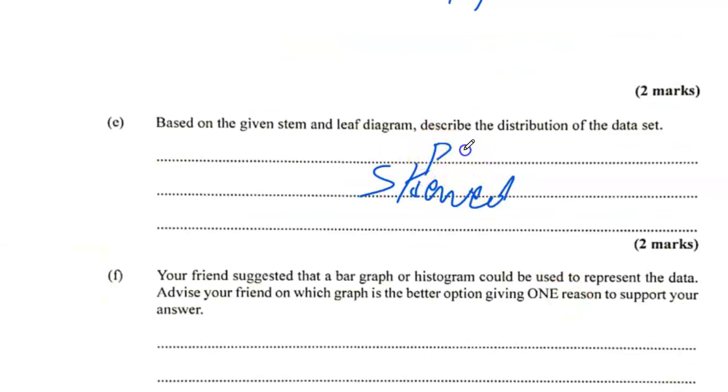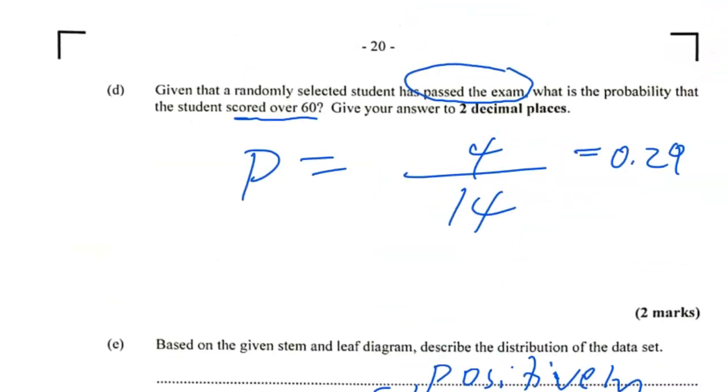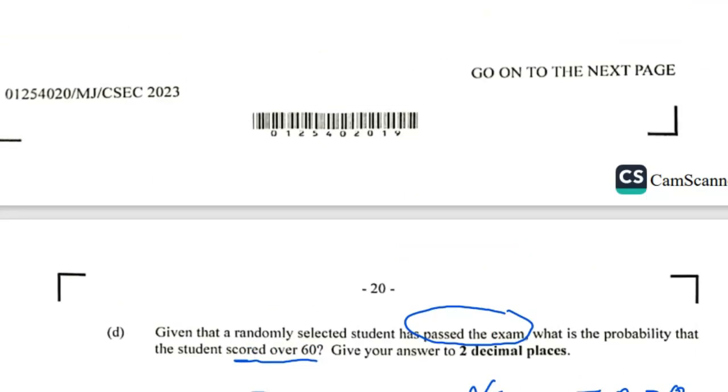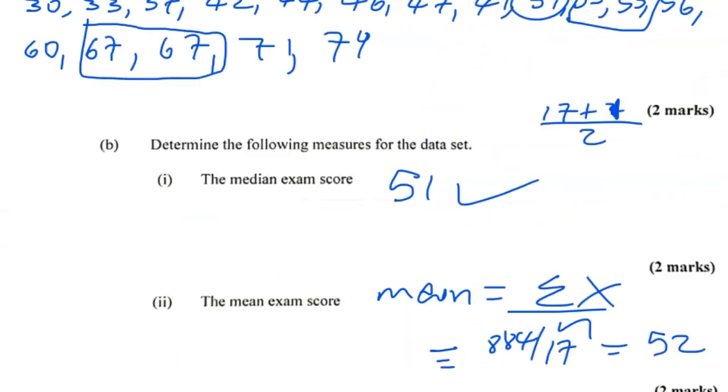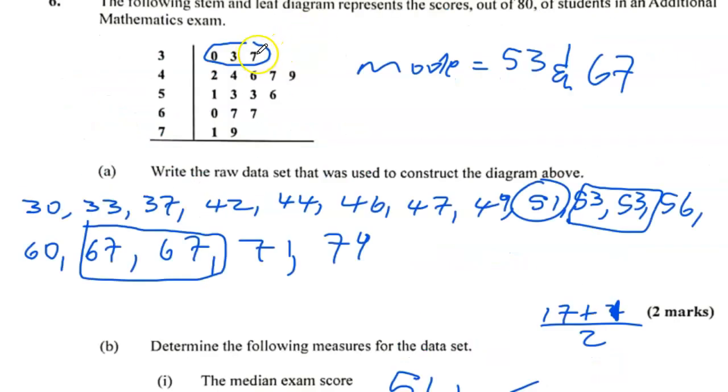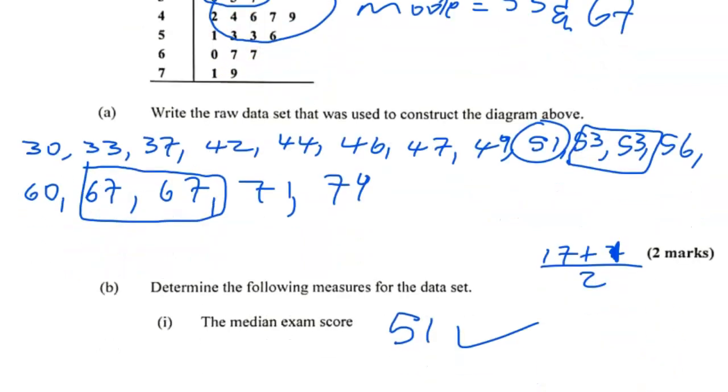We know it's positively skewed. The reason is that if you look back at the stem and leaf plot, most of the data are concentrated to the lower end, the left-hand side. So we say it's positively skewed.